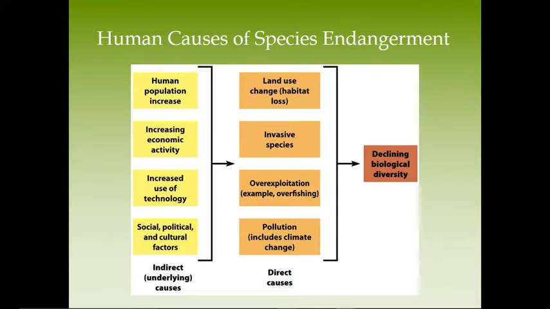A good example of this is, let's say the human population increases in an area, which is originally an indirect cause. Then more humans will need more land, removing areas for habitats to be. And all of these causes listed over here lead to declining biological diversity.